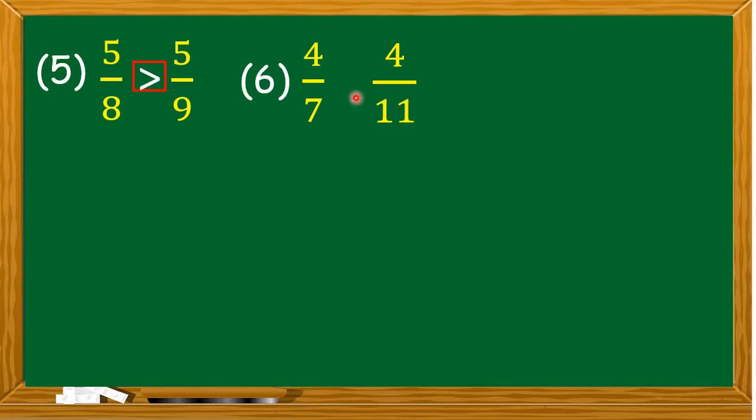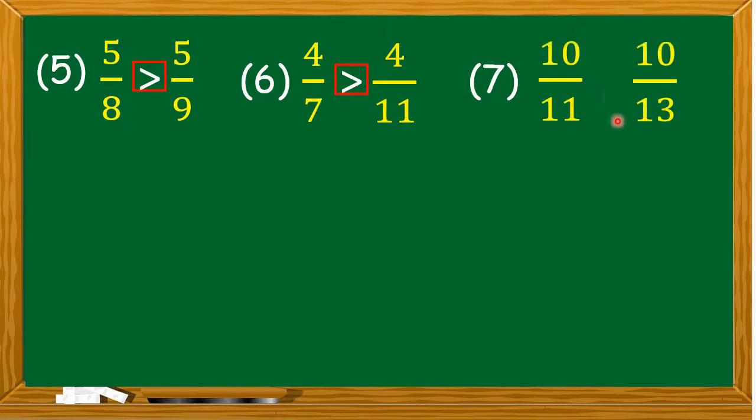As the denominator 7 is smaller than the denominator 11, the fraction 4 upon 7 is greater than 4 upon 11. Here, two more examples are shown for your better understanding.